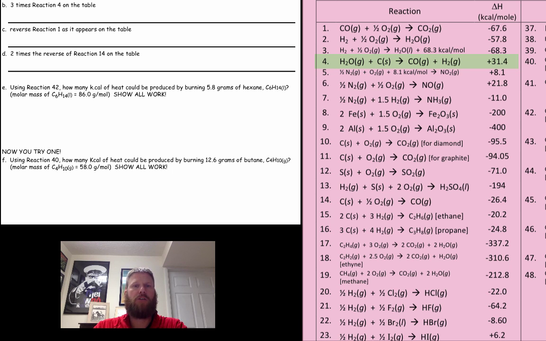When we multiply a reaction by an integer, we must also multiply the enthalpy value by that integer. Therefore, the reaction would be 3 waters plus 3 carbons plus 94.2 kcals of energy results in 3 carbon monoxides and 3 hydrogen gases. Let's reverse reaction 1. This simply means we flip the products and reactants.